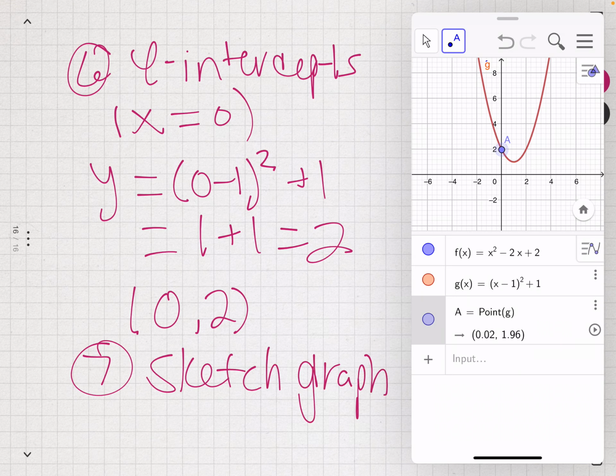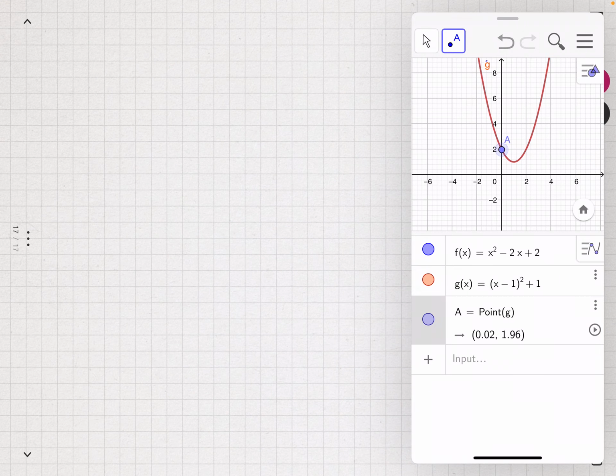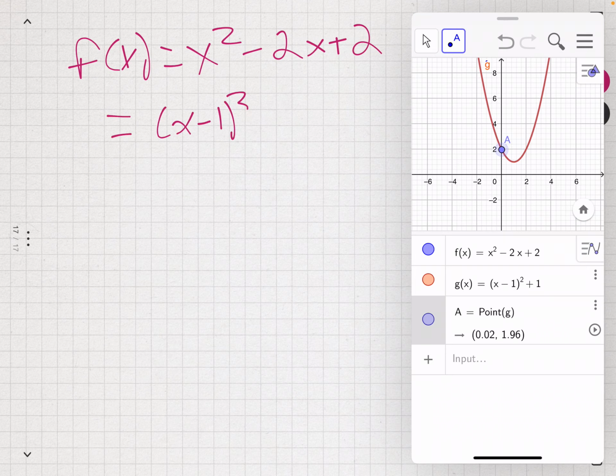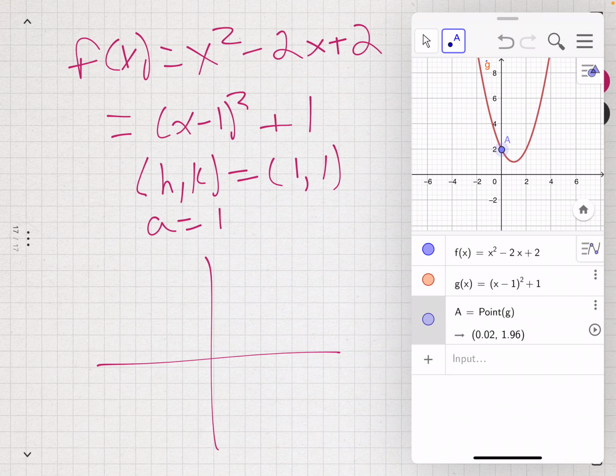So you're like, well, what was that all about? Let me revisit those steps. So I have f of x equals x squared minus 2x plus 2. And I completed the square to say that was the same as x minus 1 squared plus 1. Well, that told me that H, K was 1, 1, and A was 1. So that means I had a graph that if I went to the right 1 and up 1, there was my vertex.